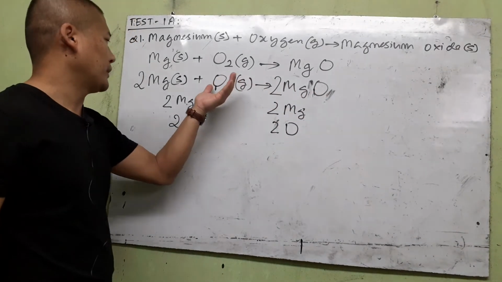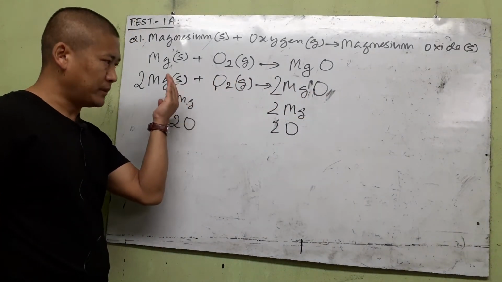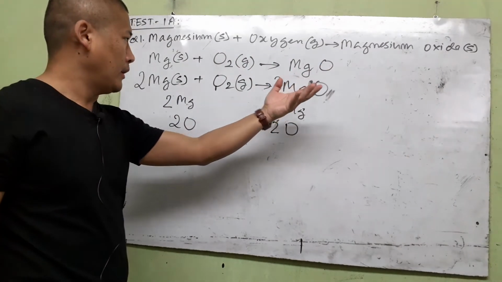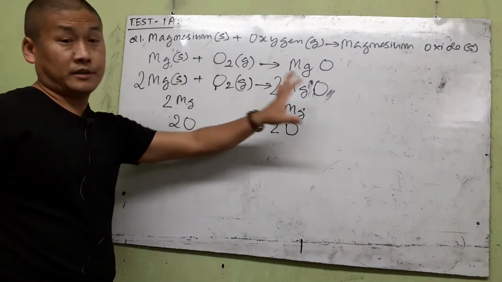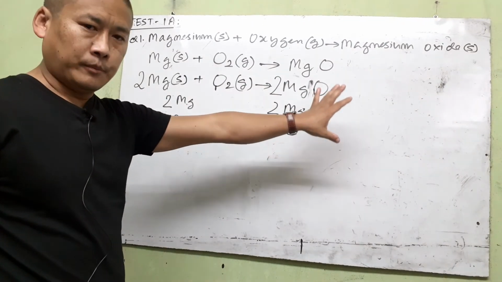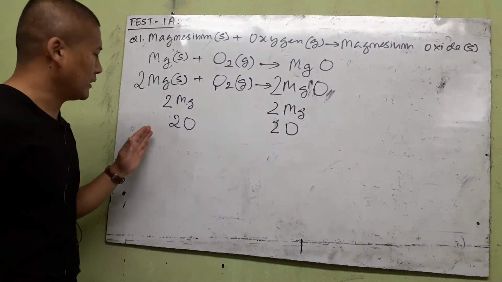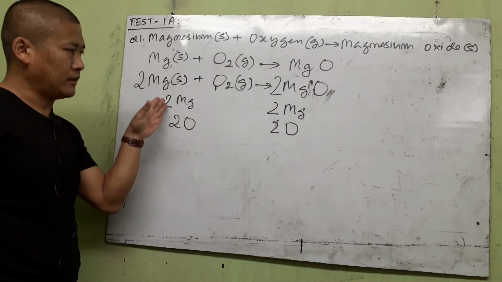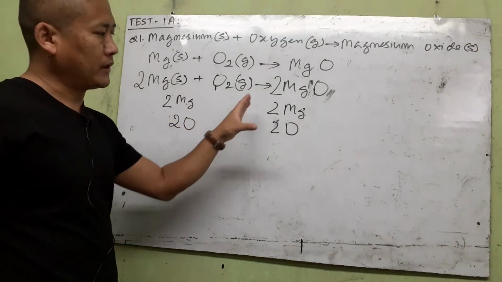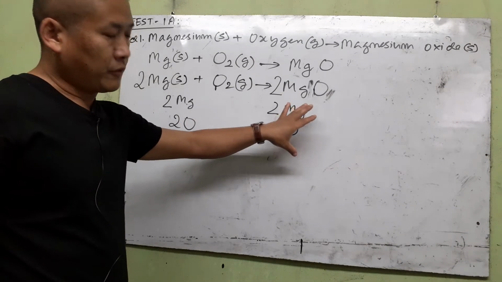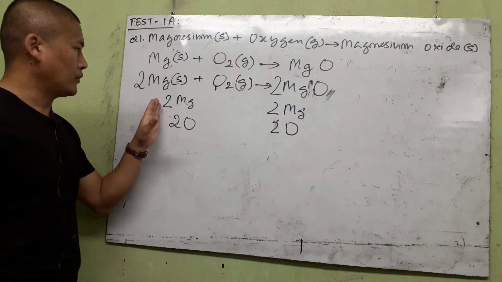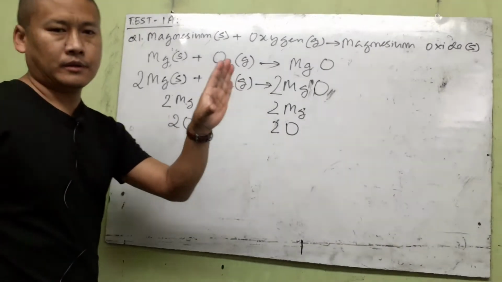Whatever types of atoms are there on the left side will be seen only on the right side, nothing more, and whatever is on the left side will also not disappear. Impossible. Balancing an equation means the number of each type of atom that you see on the left side should be exactly equal to the number of atoms of the same type on the right side. So this is now like that. This is a balanced chemical equation.